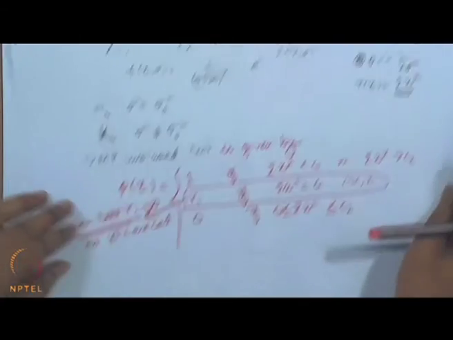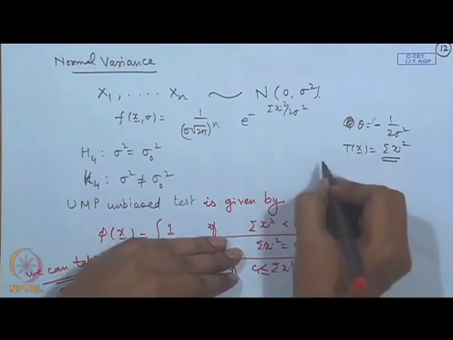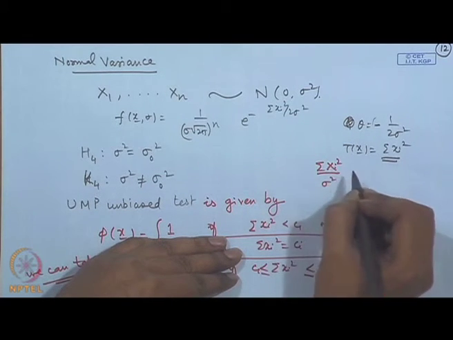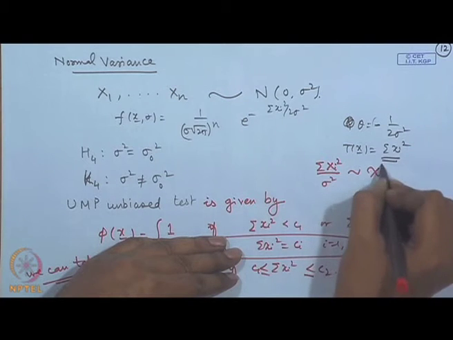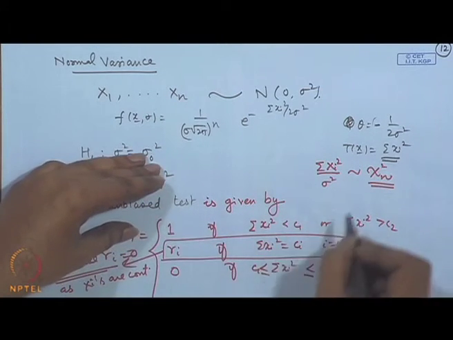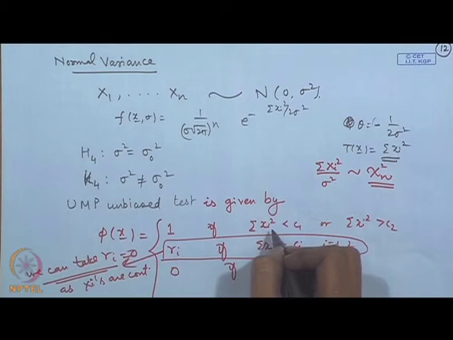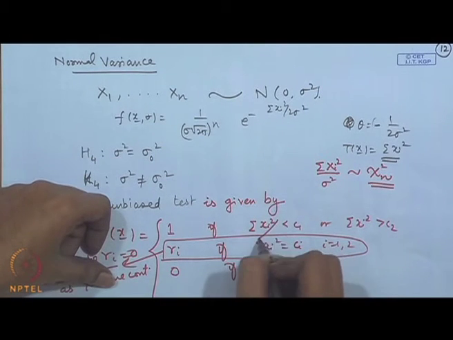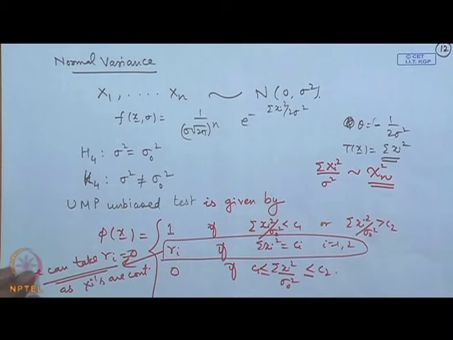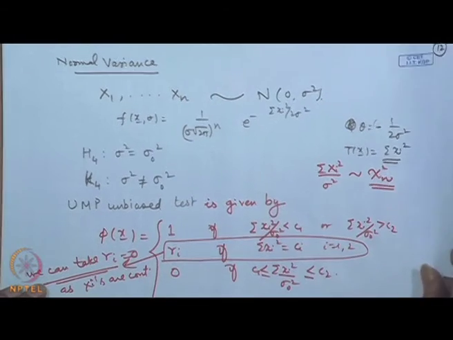So, this part can be then included here. Also, we can note here that sigma x I square by sigma square will have chi square distribution on n degrees of freedom. So, if I am considering under the null hypothesis, I can consider division by sigma naught square here, so that the distributional properties will be easy to study.